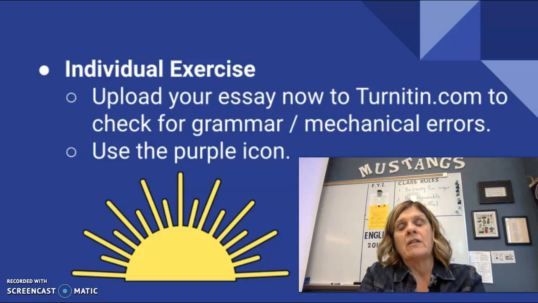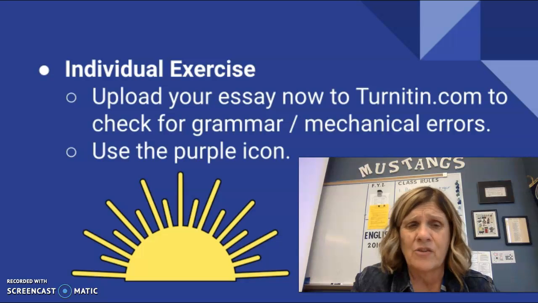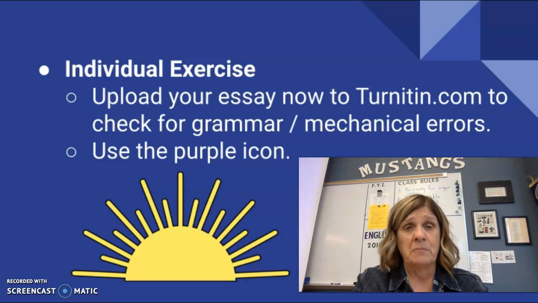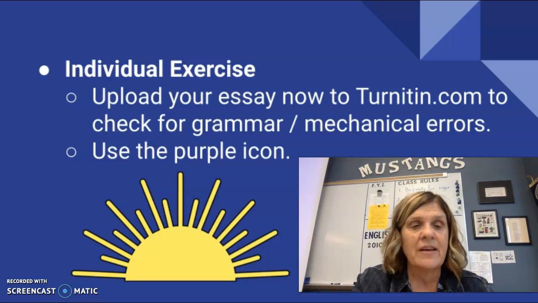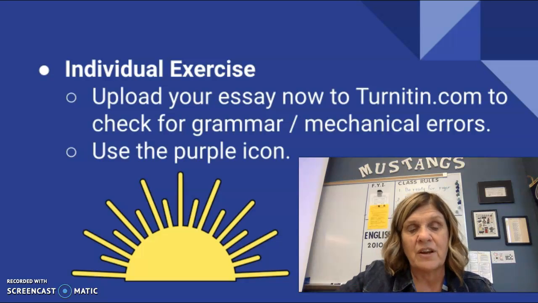And then finally, the last one is purple, and this is a great grammar checker. To me, this separates a C paper from an A paper. Nothing drives college teachers bonkers more than a lot of lazy errors. So use this and go through and read the comments. Of course, there might be a few that are off, but you can make that distinction.